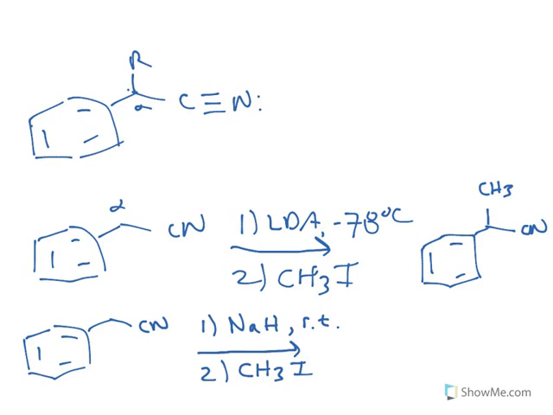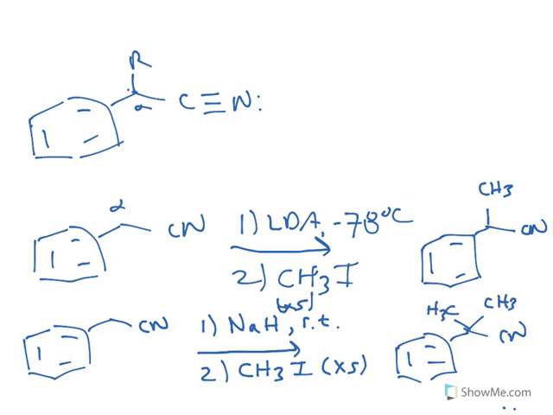So we have to be careful here. We need excess of both the base and the alkyl group, or sorry, the alkyl halide. So what we'll get here is what we call exhaustive alkylation of the alpha position.